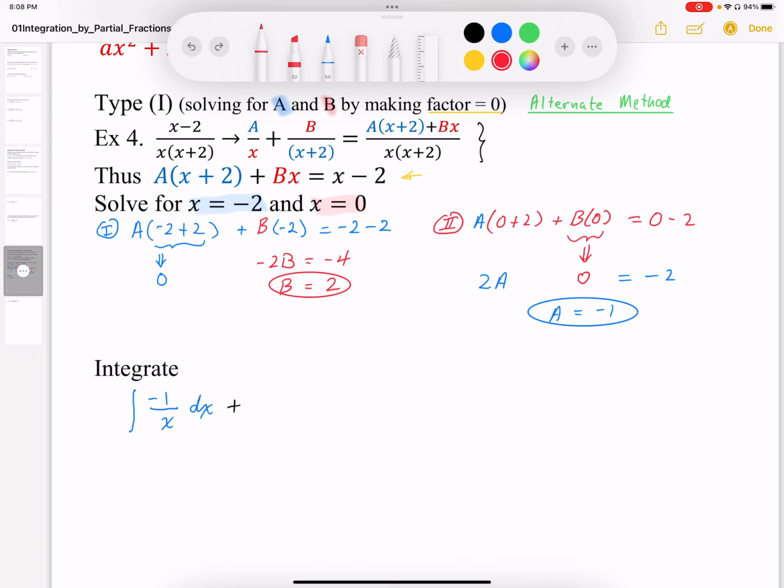Our b value we solved to be equal to 2, and that's going to be over x plus 2 times dx. Integrating this, we end up with negative log x plus, and I'm going to take the 2 out, log x plus 2, and then plus c.